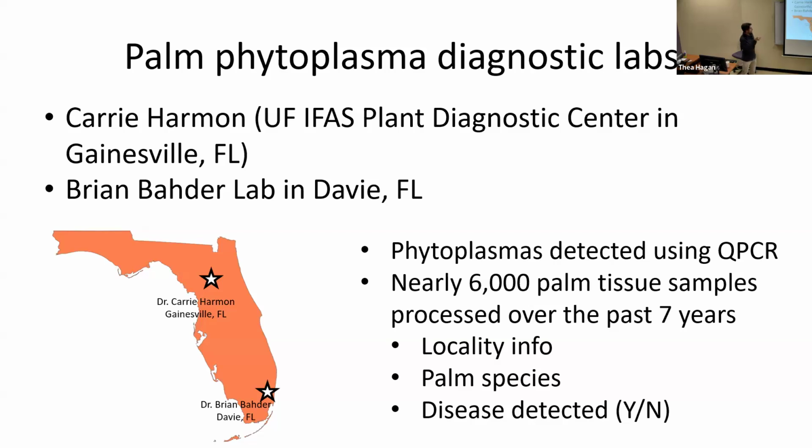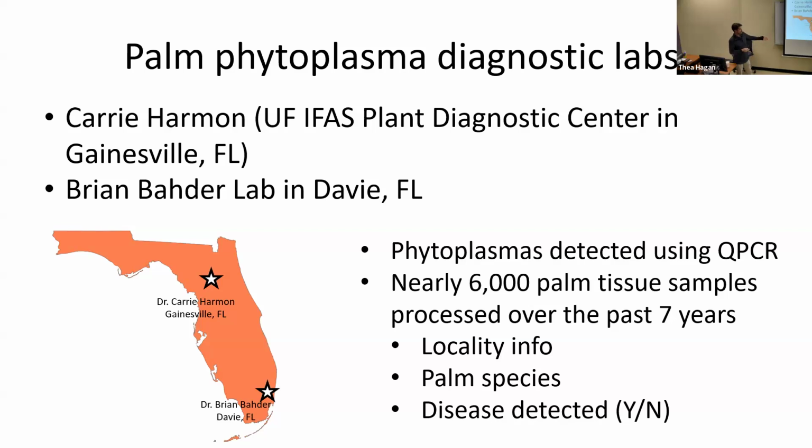And I partnered with Kerry Harmon and Brian Bader at UF, who both run diagnostic labs where they test palms for phytoplasmas. So if a landscape company or a homeowner thinks their palm might have a phytoplasma, they collect some trunk tissue, send that to the lab, and they determine if that phytoplasma is present in that tissue.